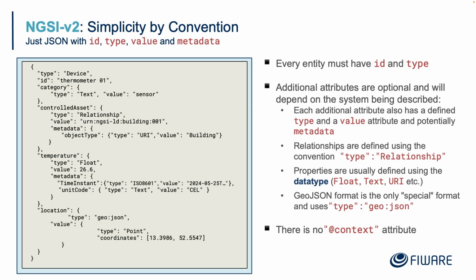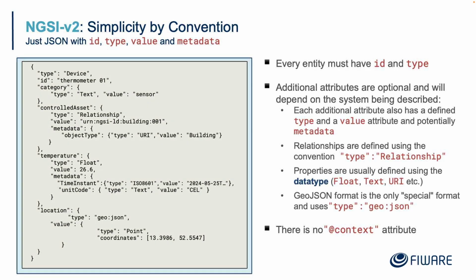It's a sensing device, and it's following the smart data models convention, where it's saying, okay, I am a thermometer, I have a temperature of 26 degrees, and you can look in the metadata within that temperature to say 26 what? Well, the great thing about JSON, of course, is it's relatively human readable. You can see that there is a unit code saying that this is 26 degrees Celsius, which is a warm summer's day.